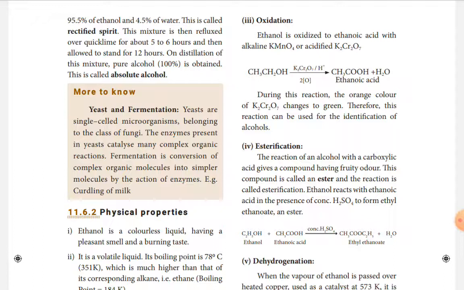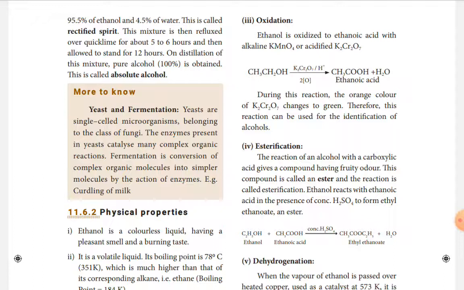During this reaction, the orange color of potassium dichromate changes to green. When oxidation takes place, the orange color changes to green.